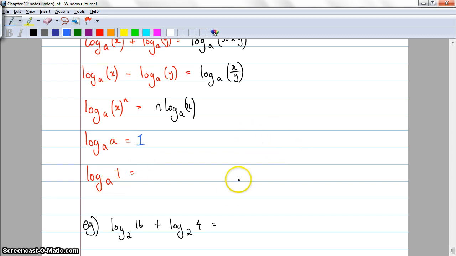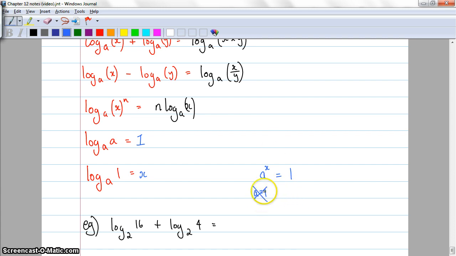Now, this one over here, let's just have a look at that for a second. I'm going to call that x. So a to the power of x equals 1. Okay, just rearranging it. The only time that this will ever be true is if, actually two conditions, if a equals 1. But I don't really want to focus on that one for the moment.